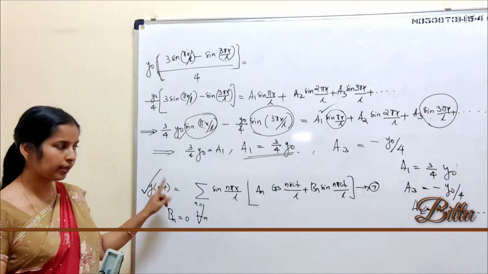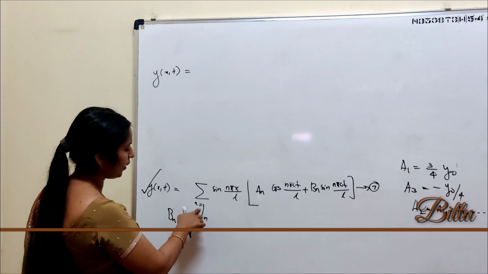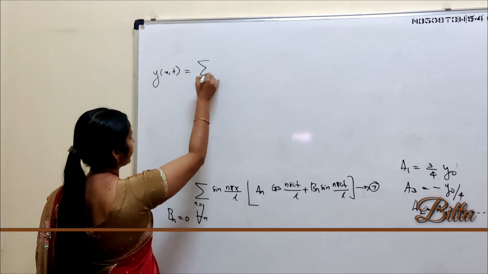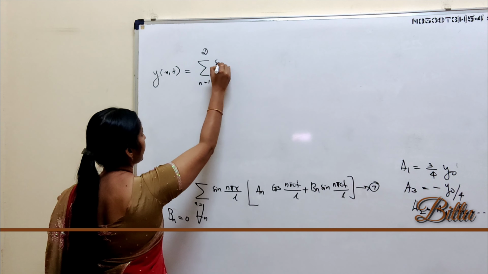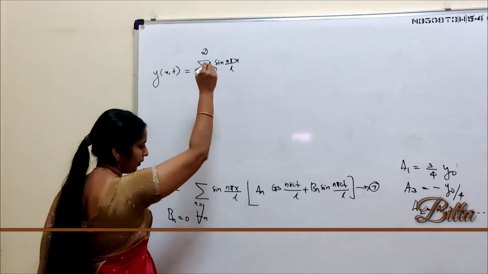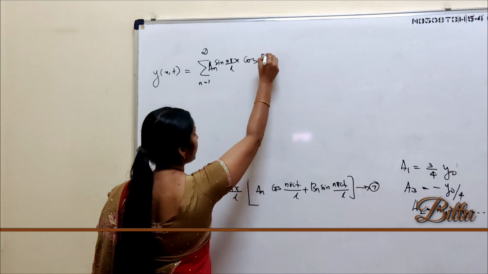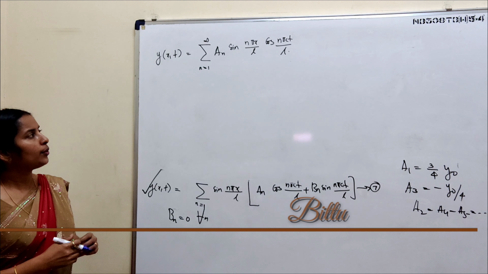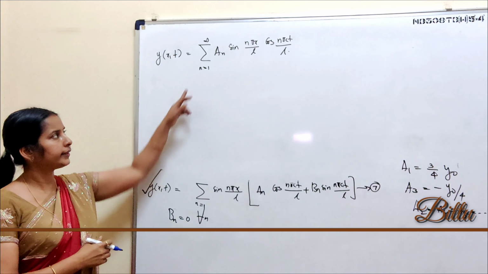Here y of x, t from equation number 7, clearly bn is 0. So you can write it as sigma n equal to 1 to infinity sin n pi x by L an cos n pi ct by L, since bn is 0. Next we have to put the values of the a's here.